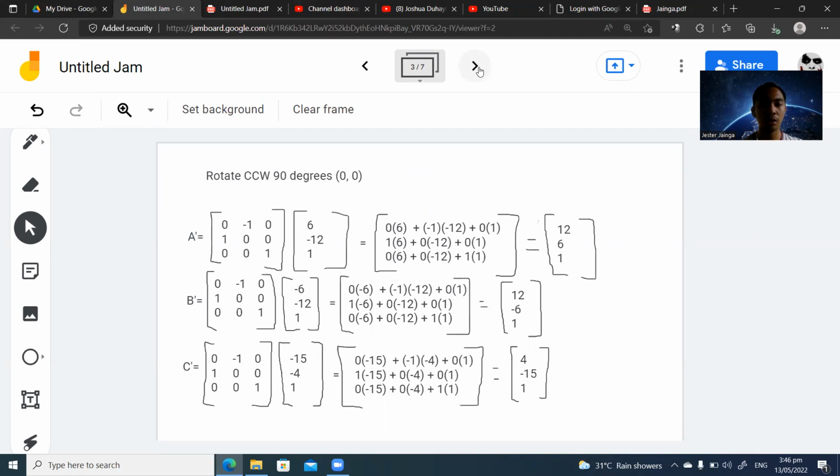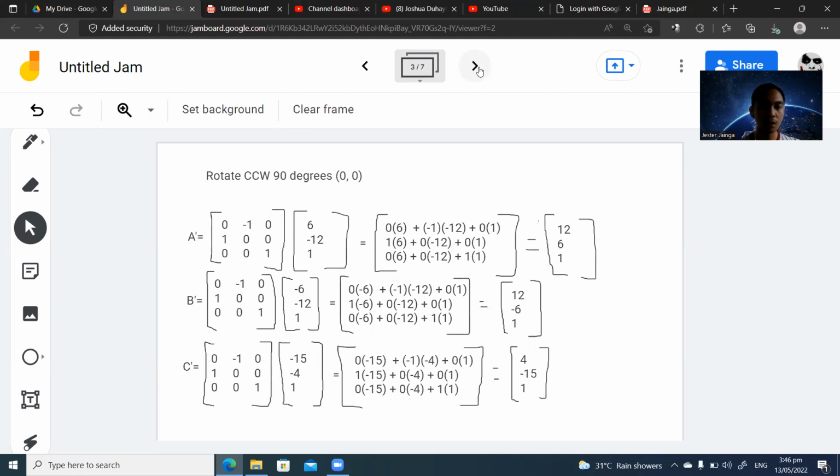And then the next, 1 times 6 plus 0 times -12 plus 0 times 1. And the last, 0 times 6 plus 0 times -12 plus 1 times 1. So the new vector is 12, 6, and then 1.